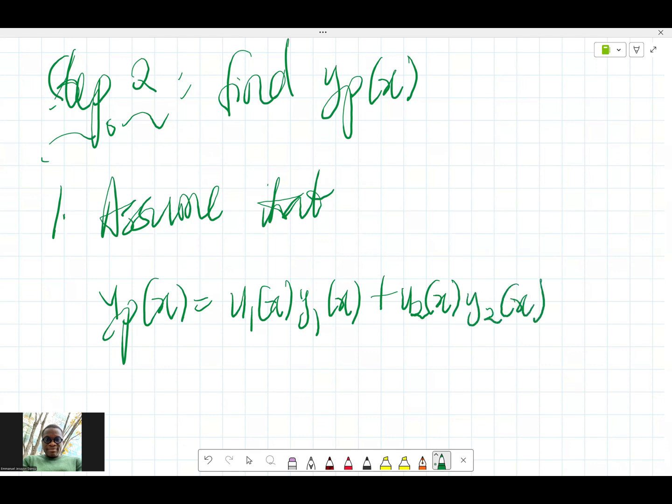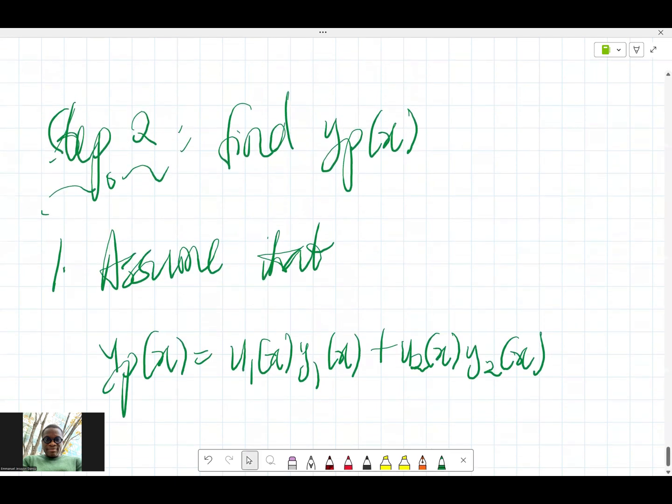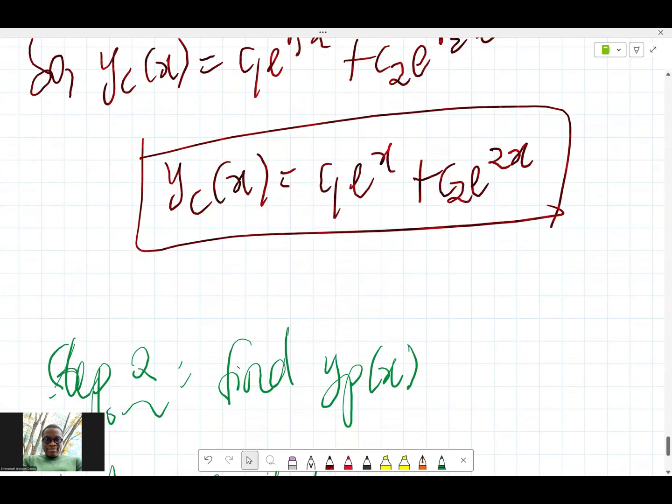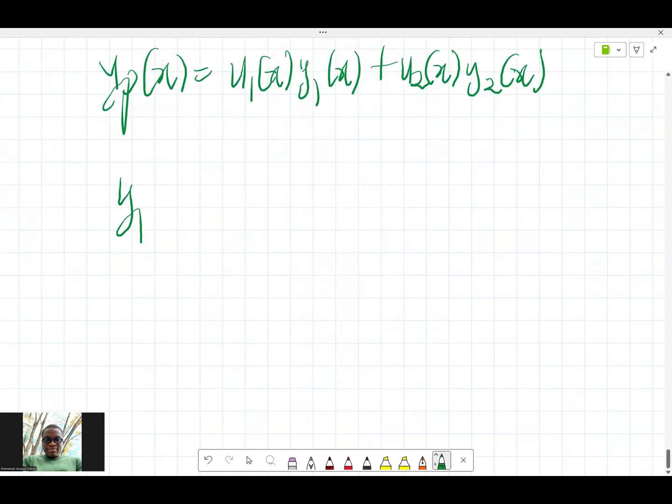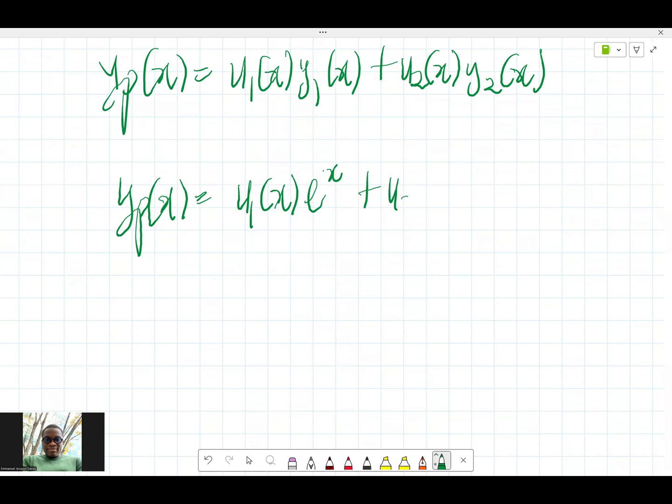That's what we're assuming. We'll be looking for u1 and u2, but we already know y1 and y2. So this is y1 of x, that's e raised to the power x, and this is y2 of x. So that means yp of x is equal to u1 of x e raised to the power x plus u2 of x e raised to the power 2x.